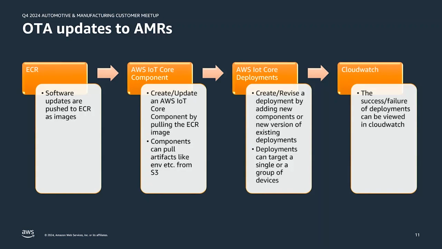All of those are done through two aspects: we do continuous remote deployment through secure tunneling, and we also use OTA updates. I'll explain in the next slide in detail. Next slide, Anuj.